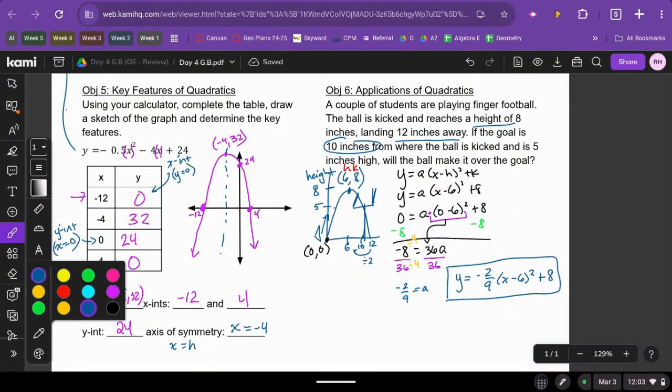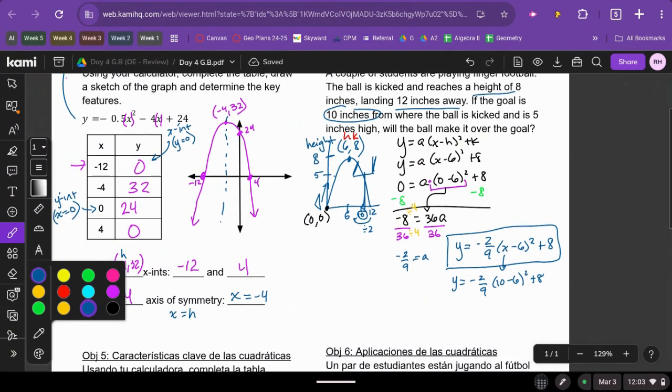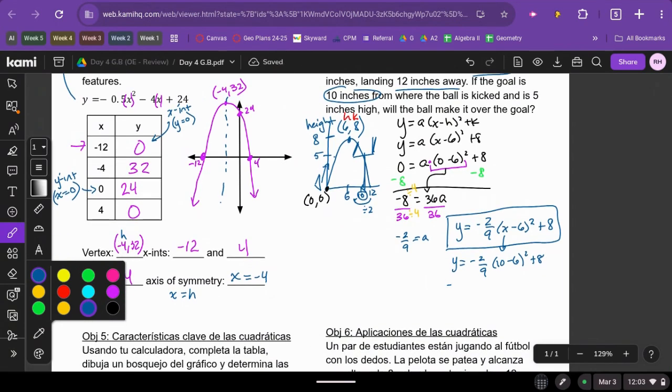So in order to see that, we've got an x is 10. So let's substitute that in. We've got negative 2 over 9, 10 minus 6 squared plus 8. So when I type this into the calculator, we've got that negative 2. And then to get the over part, we do divided by. So that's to tell your calculator, do a fraction.